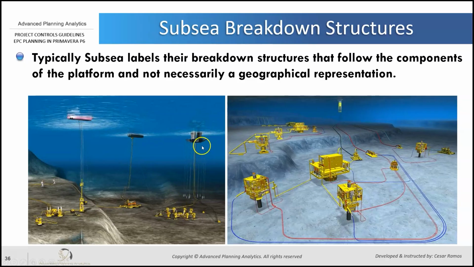Whereas a wet tree resides on the ocean floor, where there may not be sufficient pressure in the well in its natural state, so the wet tree assists in pumping the oil up into the lines and up to the platform.